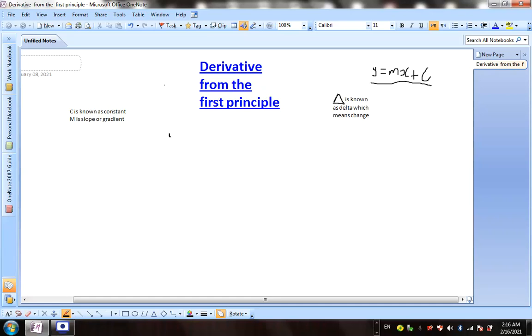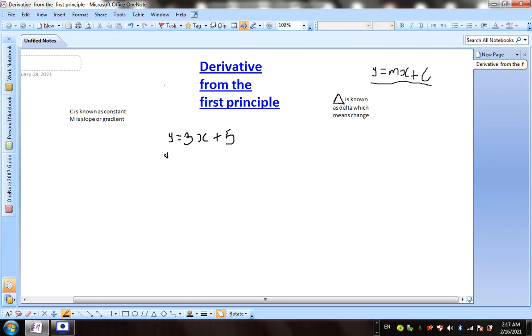Now suppose we have y is equal to 3x plus 5. How do we use first principle for this? We follow the same procedure.